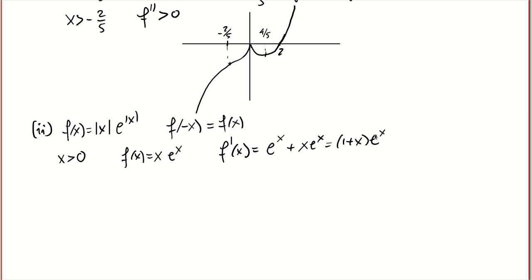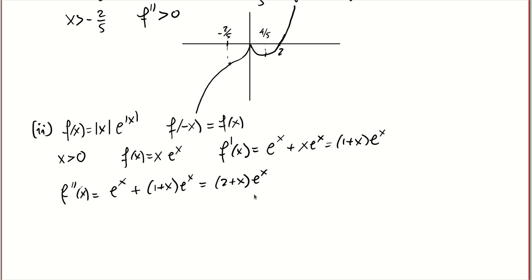Then on the positive side again, if we take the second derivative, the derivative of that expression, what you get is the derivative of this, which is 1, so the exponential, plus this times the derivative of the exponential, which is the exponential itself. So what you have is 2 plus x times e to the x.